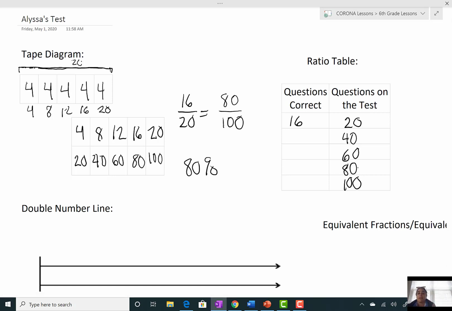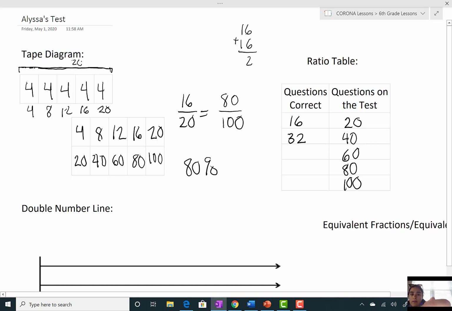So 16 plus 16 is 32. Yep, let's try it. 32 plus 16 is 48. 48 plus 16 is 64.